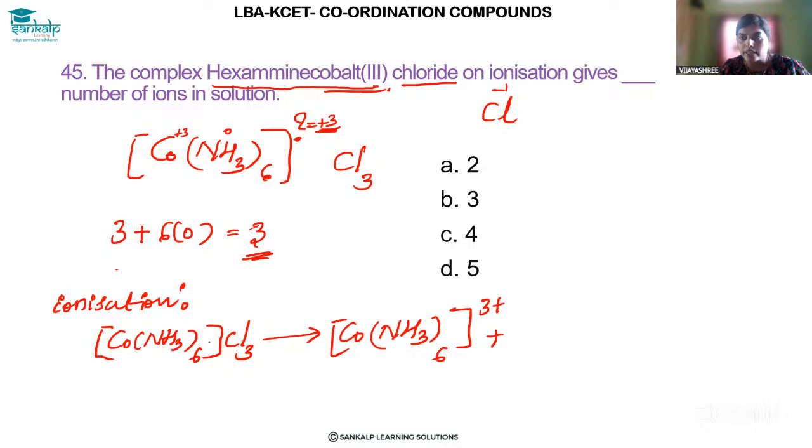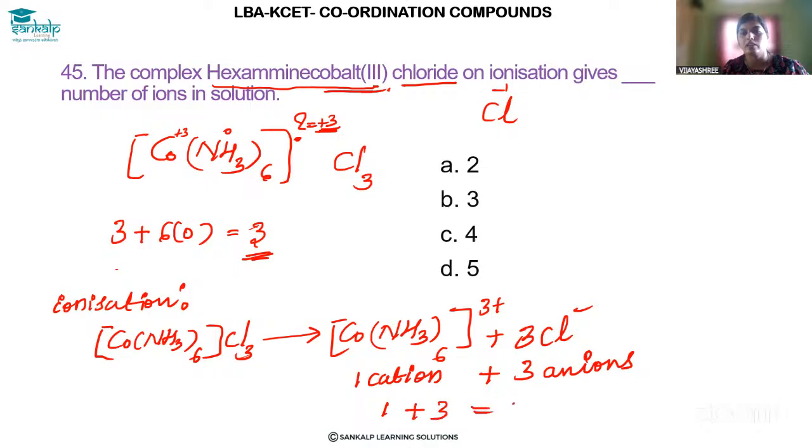Only what is outside the coordination sphere ionizes. There are 3 chlorine atoms, so it gives 3Cl minus. So this is a complex cation, these are 3 anions, and this is 1 cation. Therefore 1 cation plus 3 anions, so the total number of ions is 1 plus 3, which is 4.